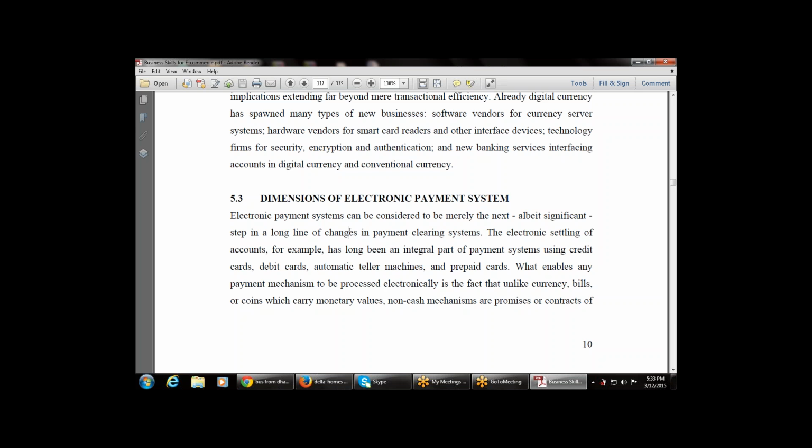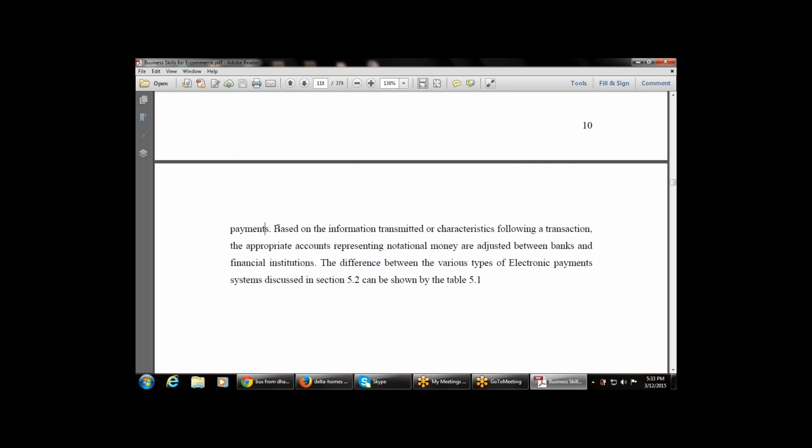What enables payment mechanisms to be processed electronically is the fact that, unlike currency, bills or coins which carry monetary value, non-cash mechanisms are promises or contracts of payment based on the information transmitted or the characteristics following a transaction. The appropriate accounts representing notional money are adjusted between banks and financial institutions.